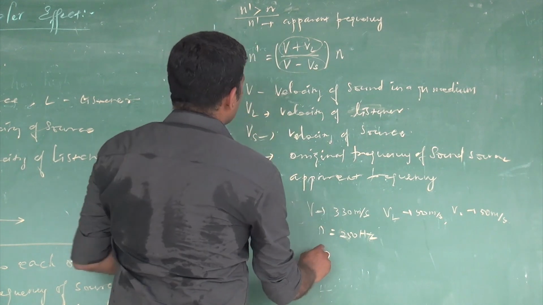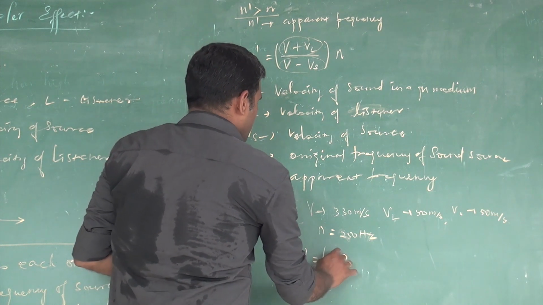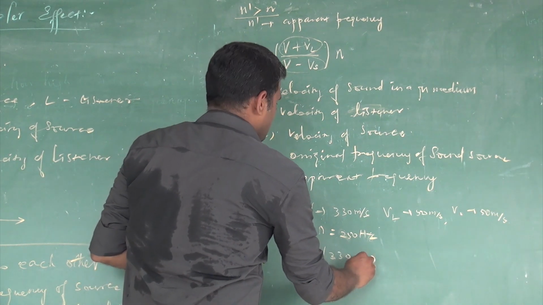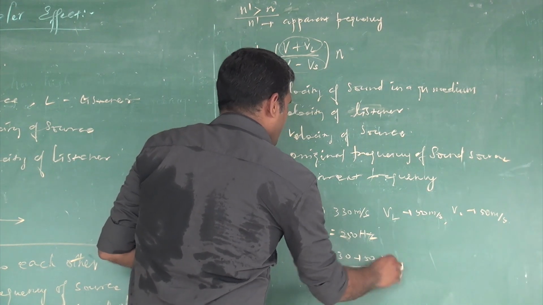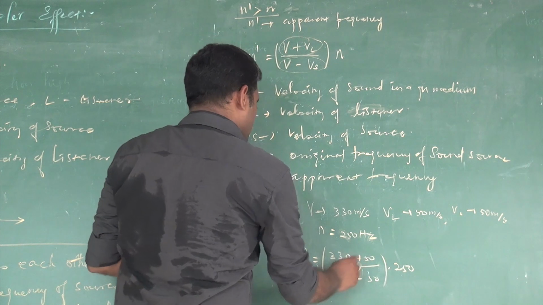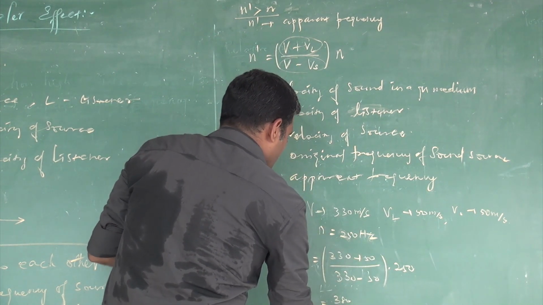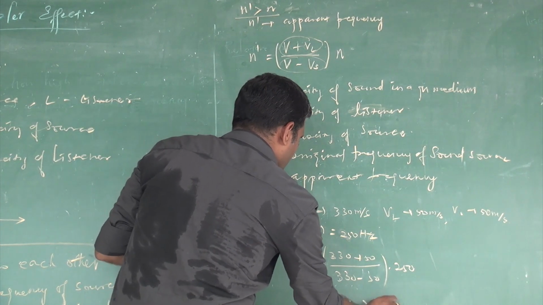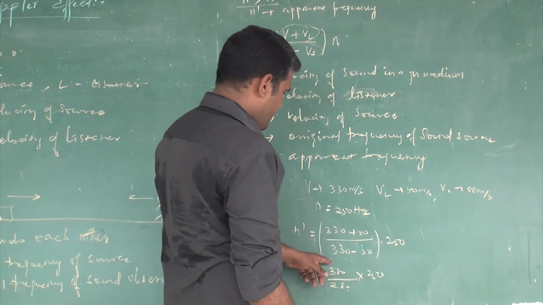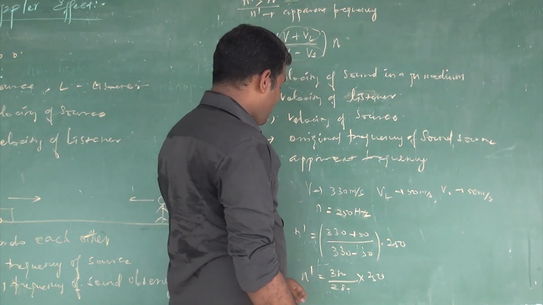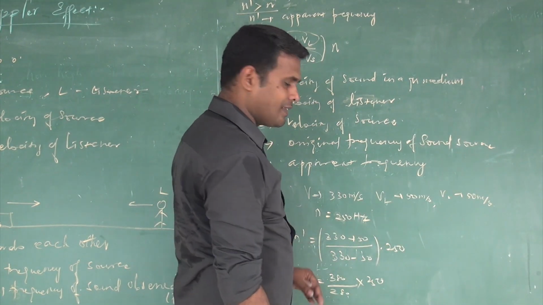If you substitute all these values, the apparent frequency n prime is equal to (330 plus 50) divided by (330 minus 50) into 250. The numerator goes as 380, the denominator goes as 280, into 250. Numerator is more, denominator is less. Obviously n prime will be greater than n.